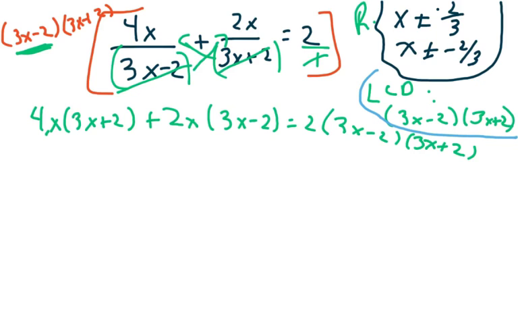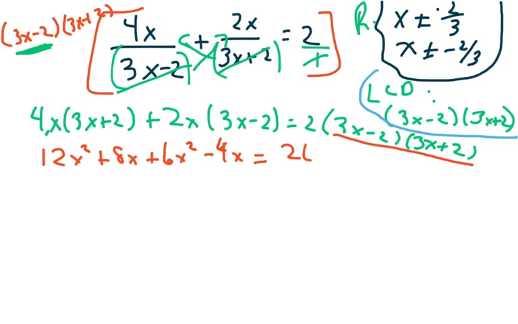All right. Now, you clean everything up, simplify, in other words, and you get 12x squared plus 8x plus 6x squared minus 4x equals 2, and this right here is the difference of perfect squares, so you get 9x squared minus 4.